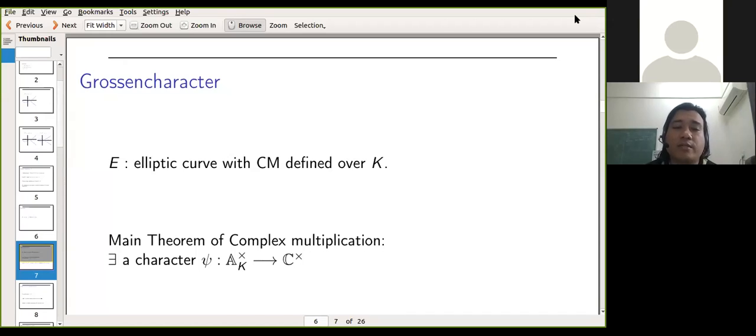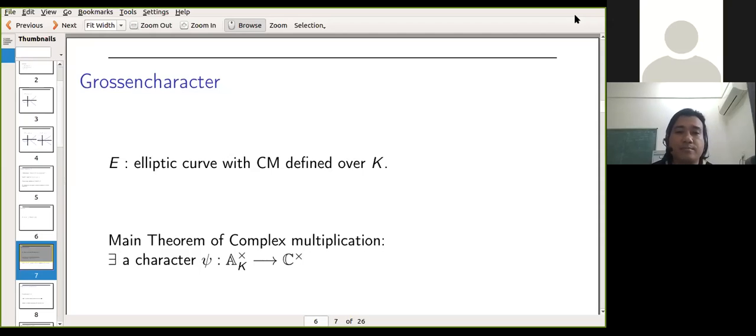Okay, so you can think of A_K as the infinite product of all the completions of K. All right, you take any prime in K, and then you complete K at that prime. Okay, and then you take the infinite product. Okay, so A_K cross is going to be contained inside that.